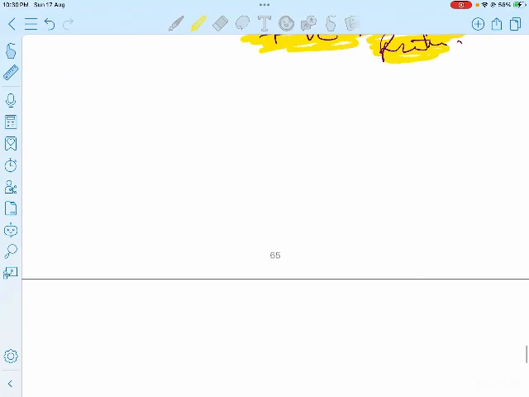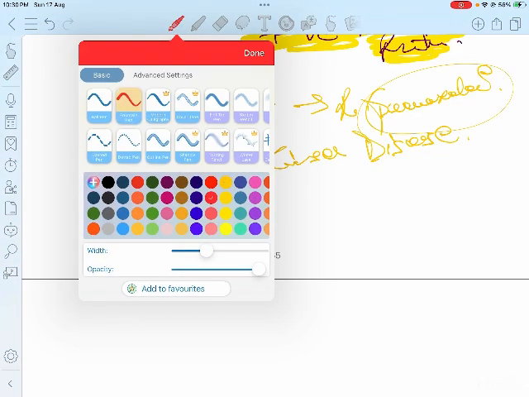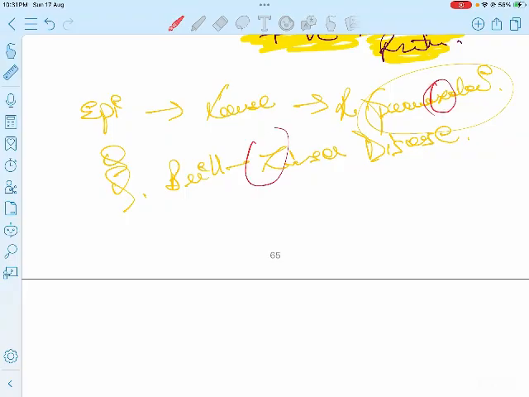Okay, then coming to a quick recap of epidemic typhus. I told you epidemic typhus vector is Louse, caused by Rickettsia prowazekii. It is also the causative agent of the disease Brill-Zinsser disease. The only Rickettsia which has Z in its spelling is prowazekii, so Brill-Zinsser disease.